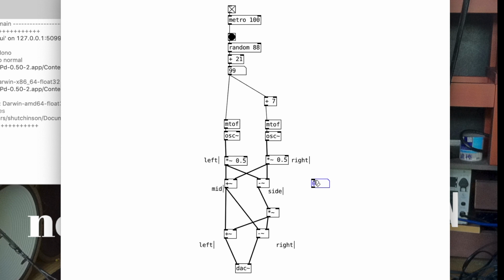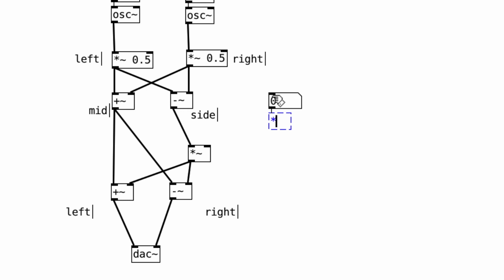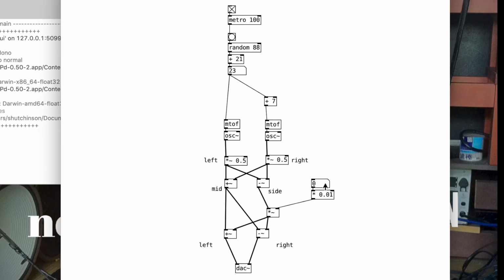Command 3 for a number, Command 1, multiply 0.01, no tilde on that multiply, right? So I'm just taking this number and bringing it down to be a fraction. Command E. Now I can slowly turn up the side. So at 100, that's what we started with, right? 100 times 0.01 is going to be 1, so we're multiplying it by 1.